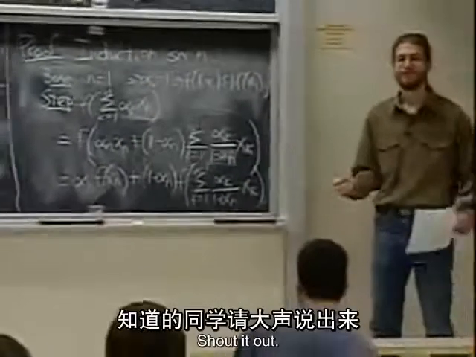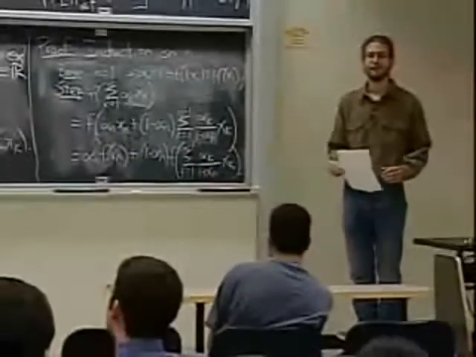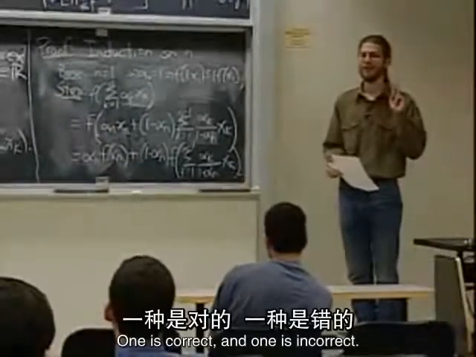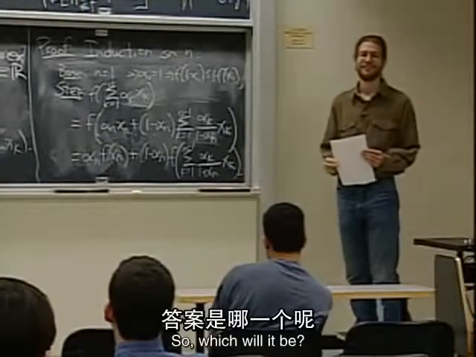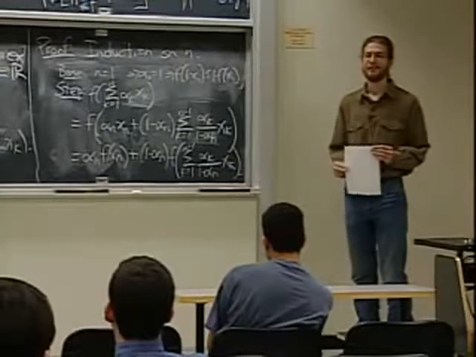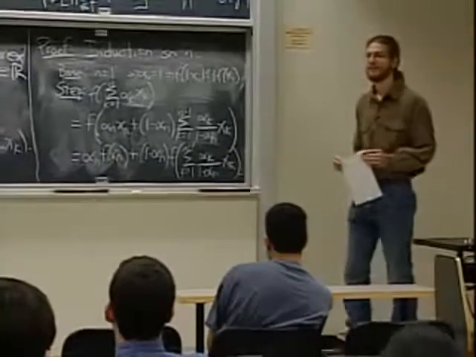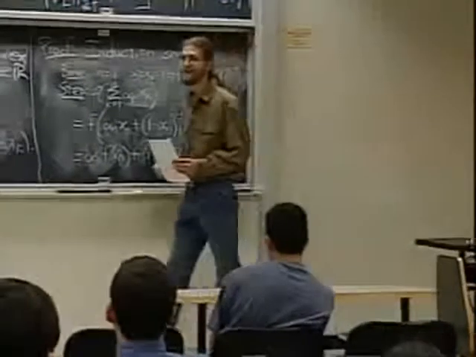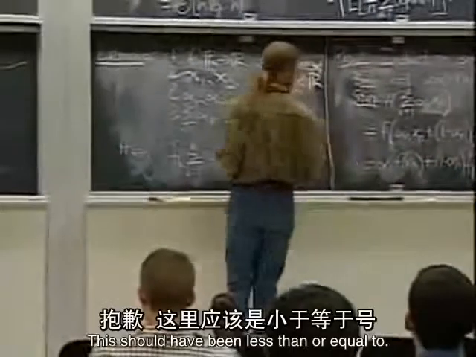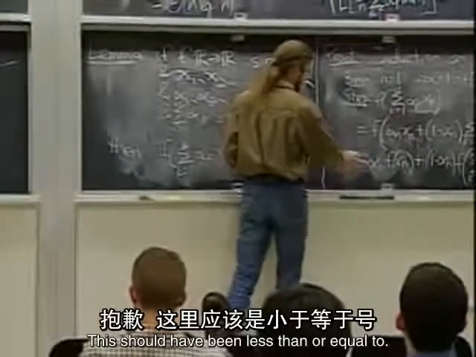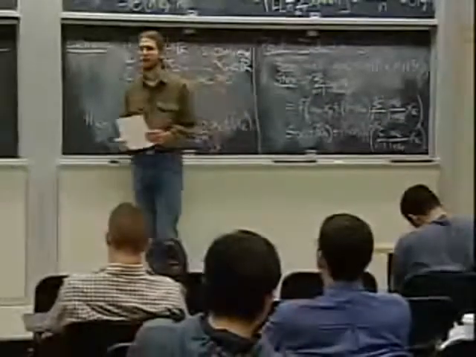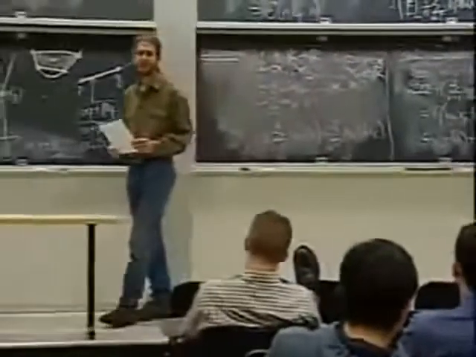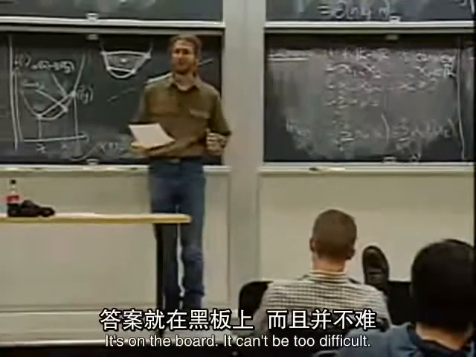Shout it out. There are two possible answers. One is correct and one is incorrect. Which will it be? Oops, this should have been less than or equal to. It's important. It's on the board, can't be too difficult.